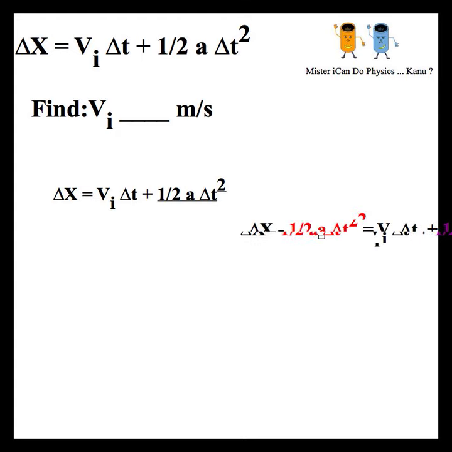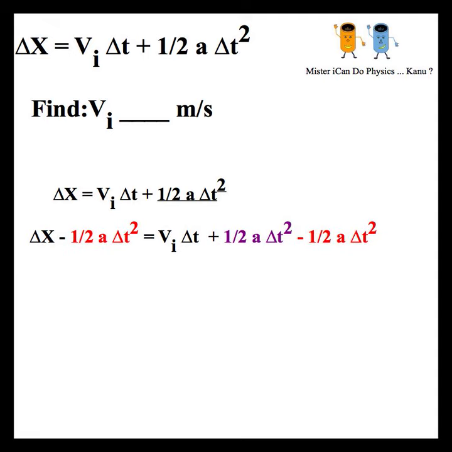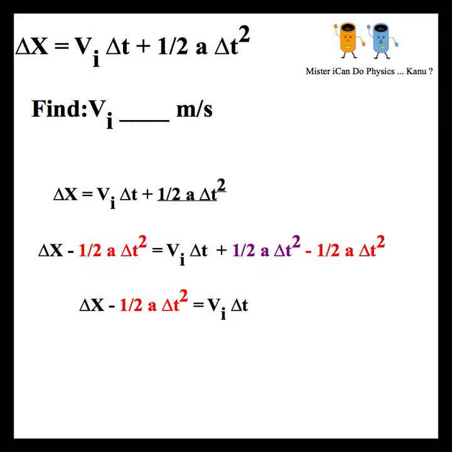So the next step would be simply subtract 1/2 a delta t squared from each side. That would leave us with the following result. Delta x minus 1/2 a delta t squared would then equal the initial velocity, v sub i, times the time, delta t.